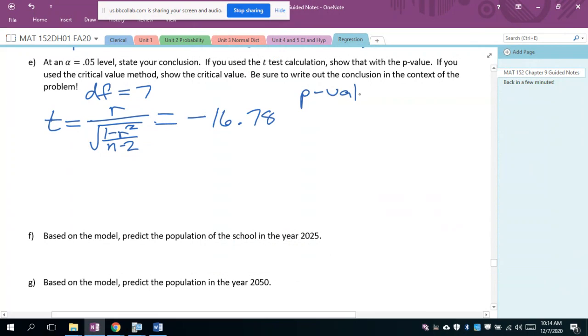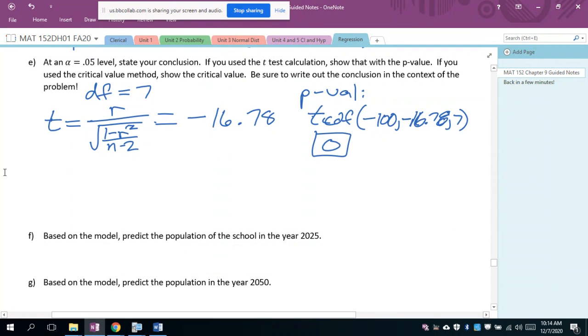So the p-value, it's going to be 0. We do TCDF from negative 100 to negative 16.78 with 7 degrees of freedom, and that is going to be 0.